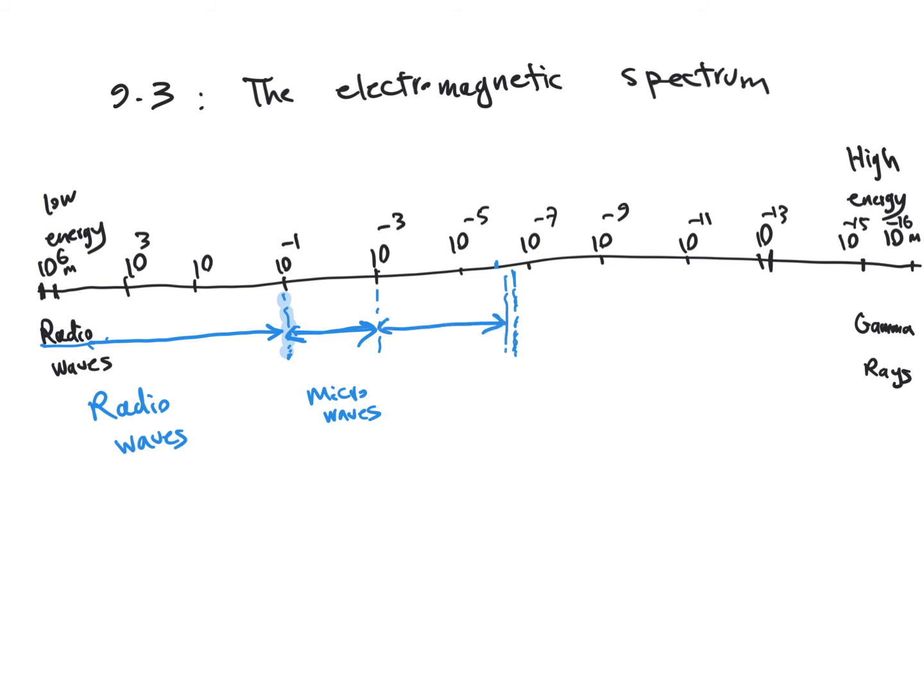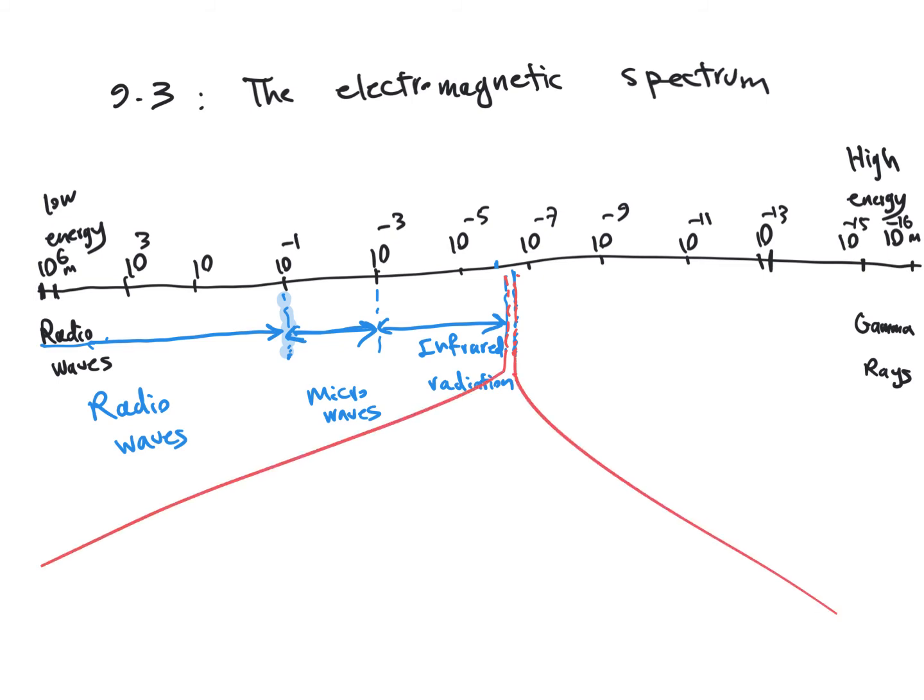here you have IR, infrared radiation. And then this tiny sliver here is your visible light that we talked about last week.